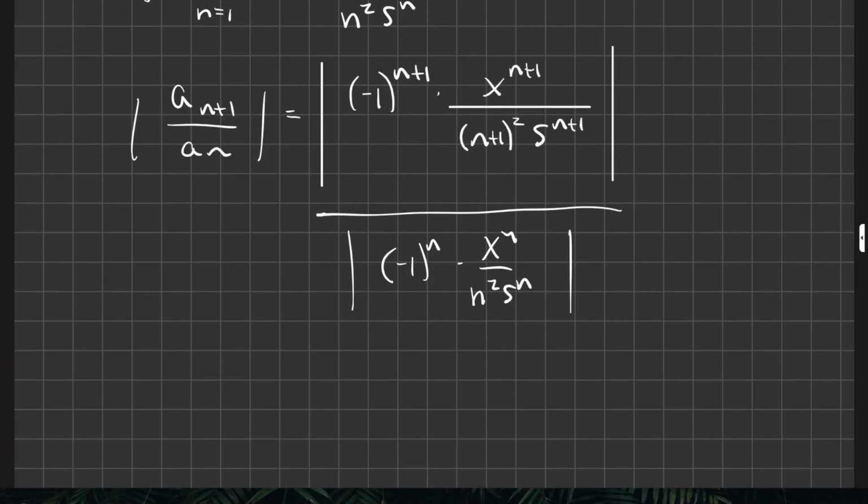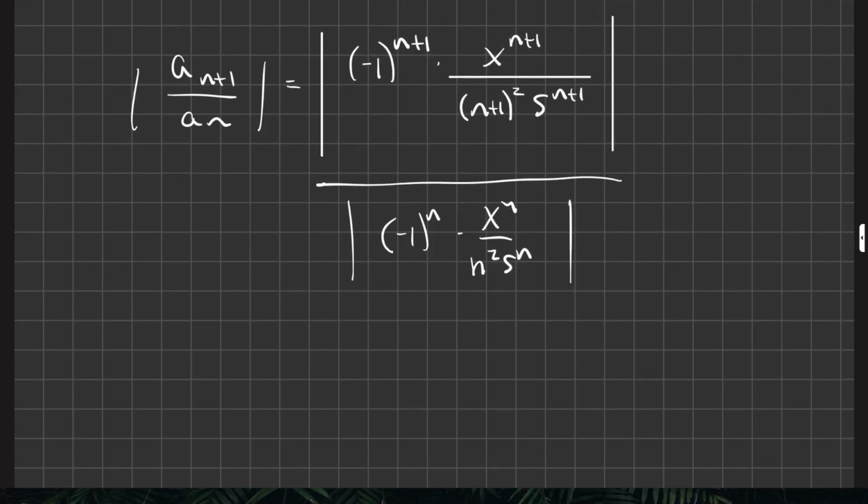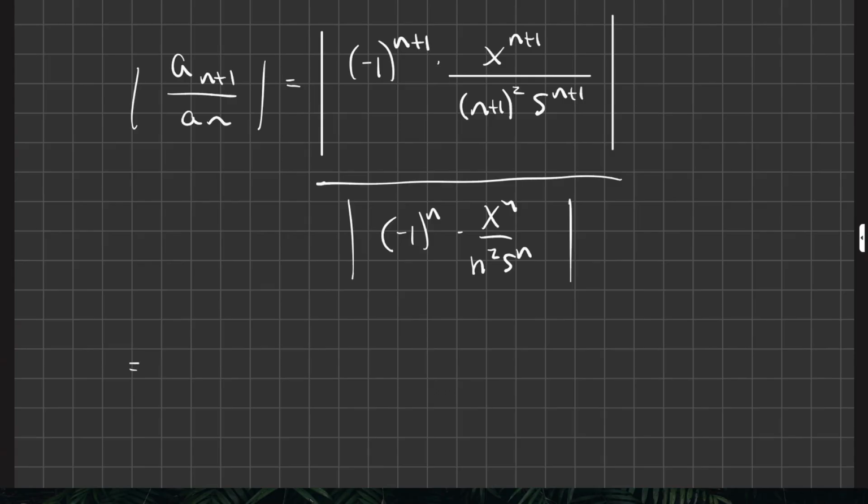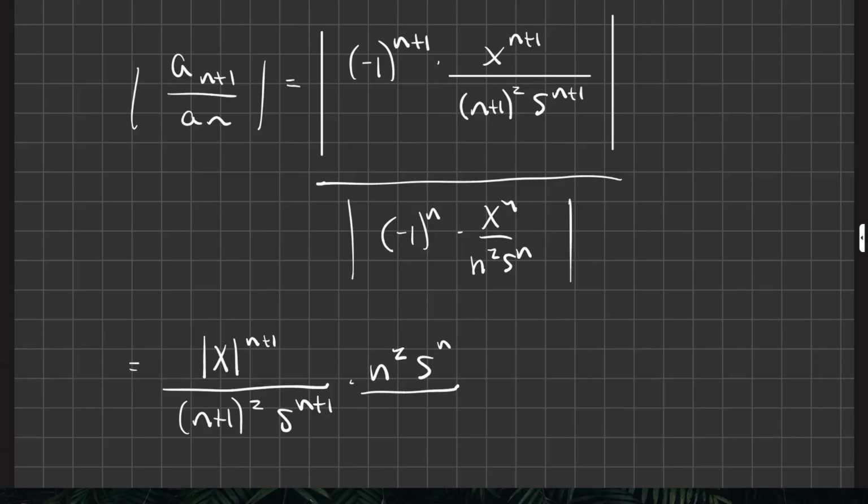Absolute value. Okay, so this is just the absolute value of x to the n plus 1 over n plus 1 squared 5 to the n plus 1 times n squared 5 to the n over the absolute value of x to the n after our reciprocals.